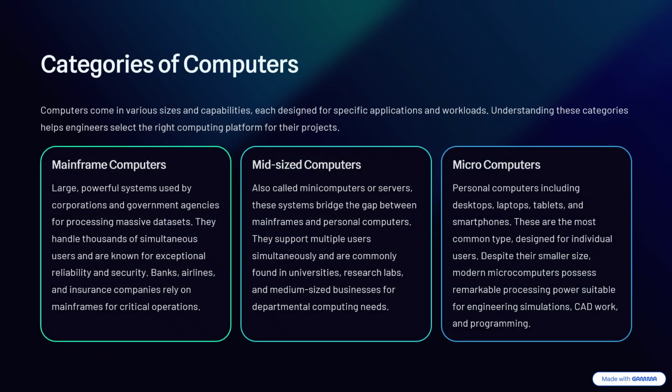So let's talk about the categories of computers. Basically, computers come in various sizes and capabilities, each designed for specific applications and workloads. Understanding these categories helps engineers select the right computing platform for their projects. First we talk about mainframe computers, large powerful systems used by corporations, government agencies and sectors for processing massive datasets.